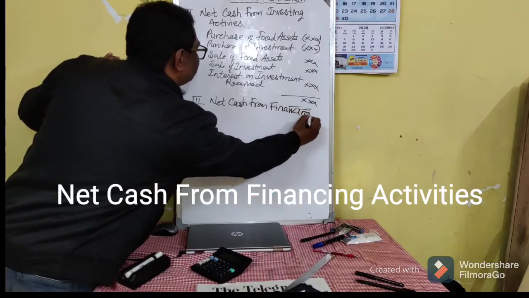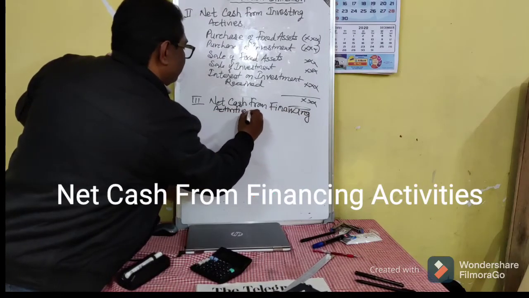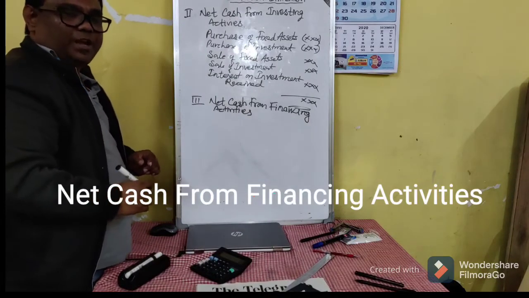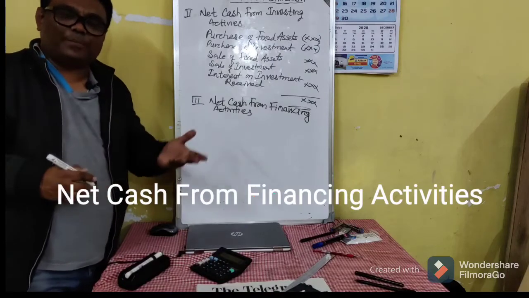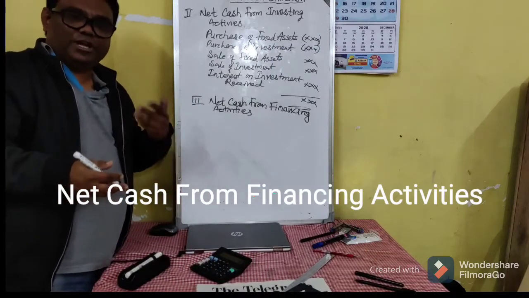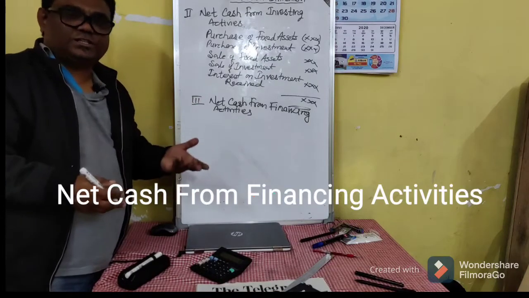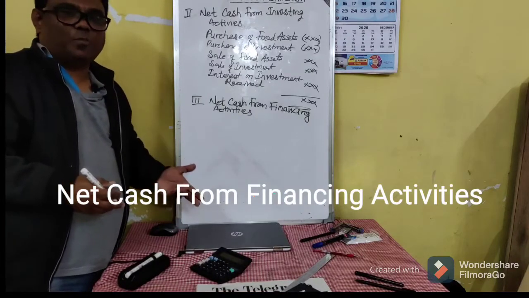Net cash from financing activity. Net cash from financing activity are the owners increasing the capital, the shareholders. When the share capital increases, issue of shares, issue of preference shares, issue of equity shares, when debenture is increased compared to the previous year, raise of debenture, that's long-term borrowing, inflow of cash.